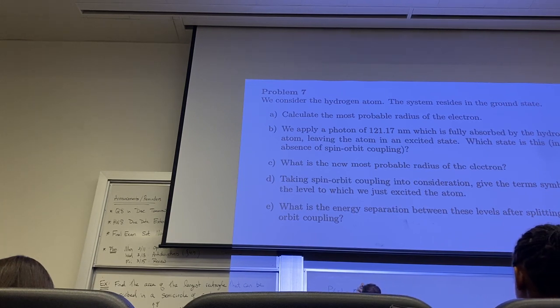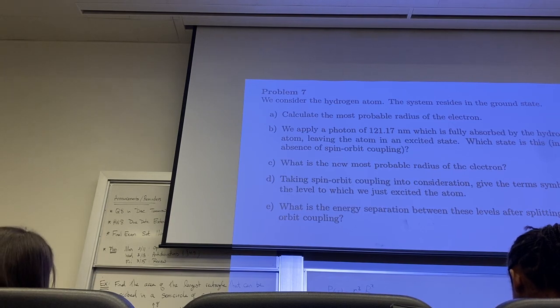It's an r squared. That is the radial distribution function. And what I have to do is first write it out for this ground state of hydrogen, and then take the derivative, set it to 0.